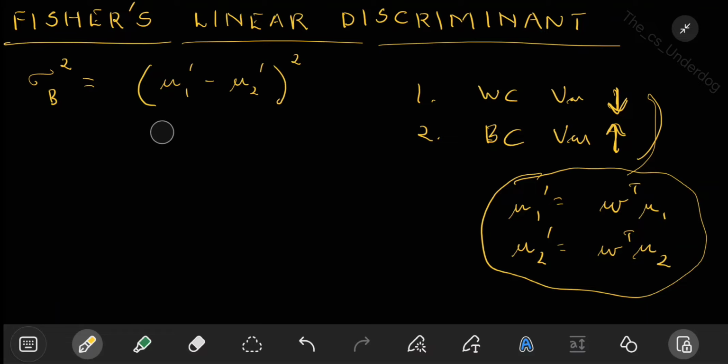We'll substitute. So when we substitute, we will get (W transpose mu1 minus W transpose mu2) the whole square. This is what you get.